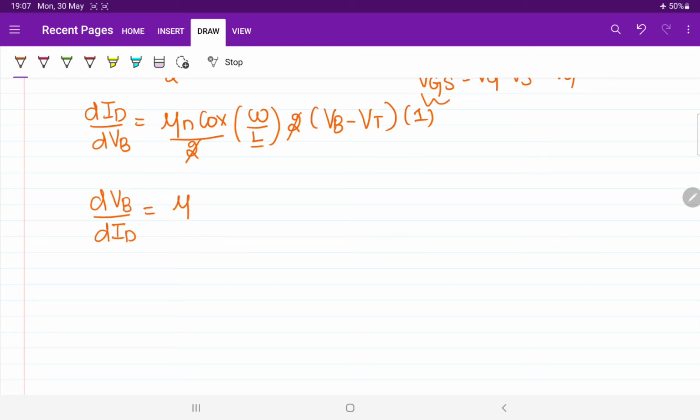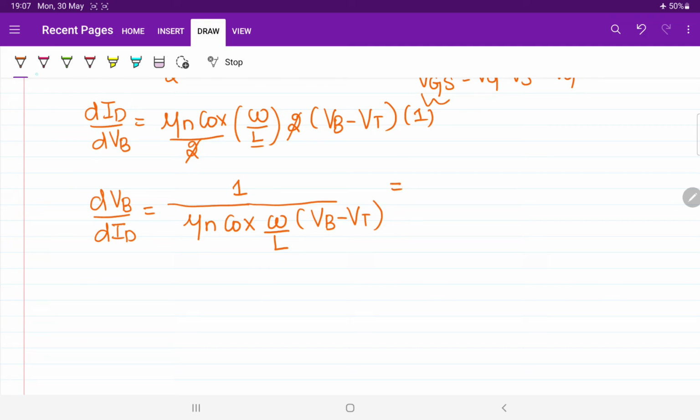So I can write it like this: L lies in the numerator, and the rest go to the denominator, mu n C ox omega, and in brackets VB minus VT. Or you can also write it in the alternative way, instead of bringing L to the numerator, keep it as omega by L. Directly you can substitute all the parameters.